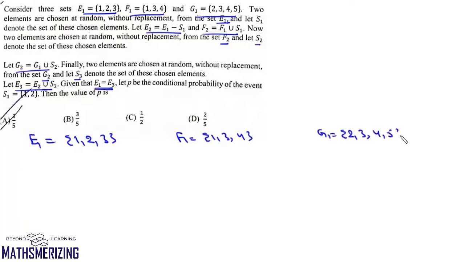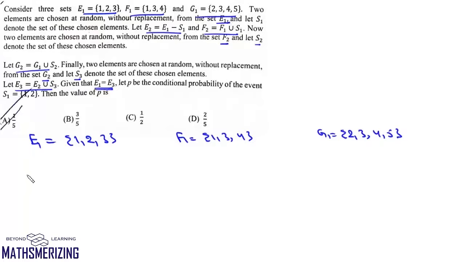Now we are given three sets: E1 is {1, 2, 3}, F1 is {1, 3, 4}, and G1 is {2, 3, 4, 5}. Now first we choose two elements from the set E1 to form this set S1.